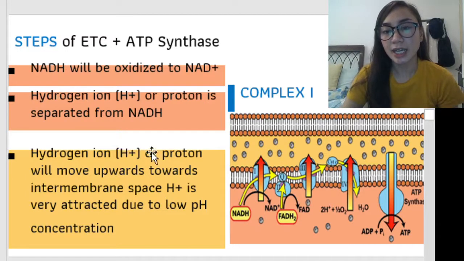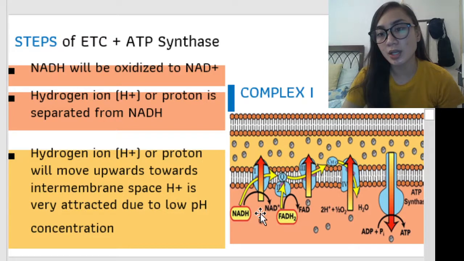So, hydrogen ion or proton will move upwards towards the intermembrane space, H+ is very attracted due to low pH concentration. So, yung mawawalang hydrogen ion from NADH, it will move upwards towards the intermembrane space.